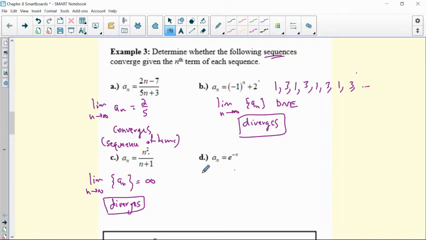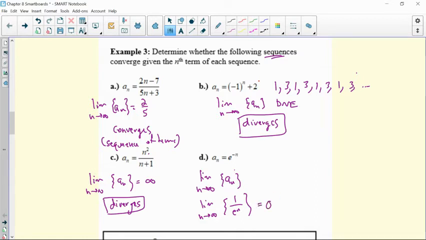Okay, and then this one, same thing, limit as n goes to infinity of a sub n as a sequence of terms. And I don't know if I stressed this, but this bracket notation means the sequence of terms. If you want to look at that as a positive exponent, you certainly could, like 1 over e to the n, then it's very clear that the limit goes to 0.